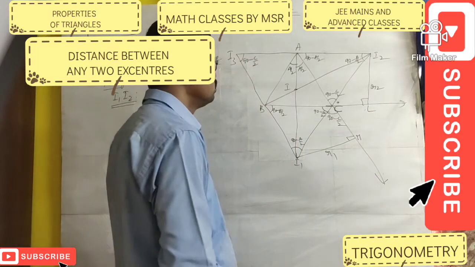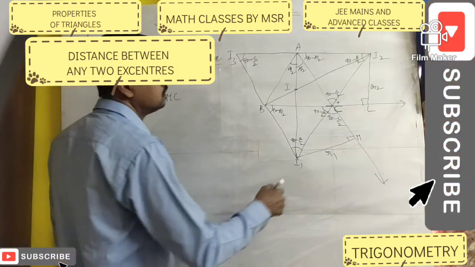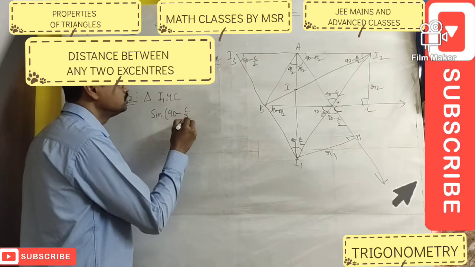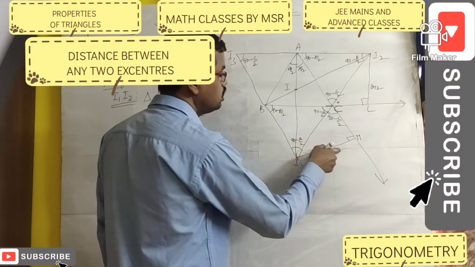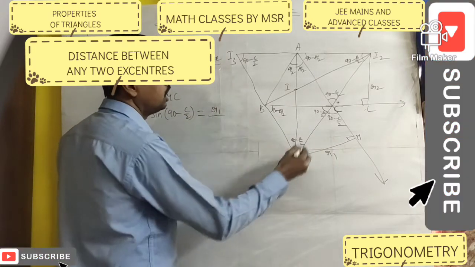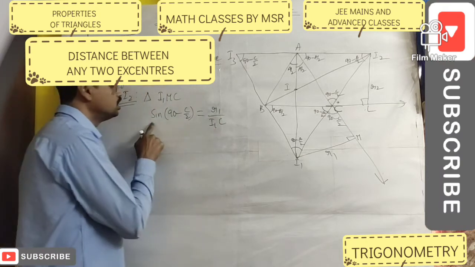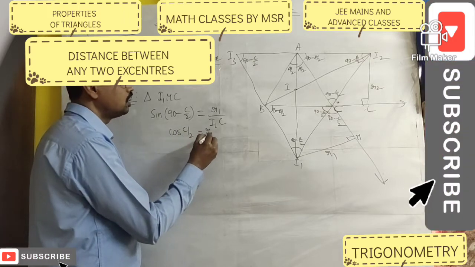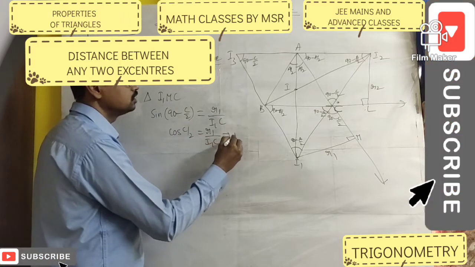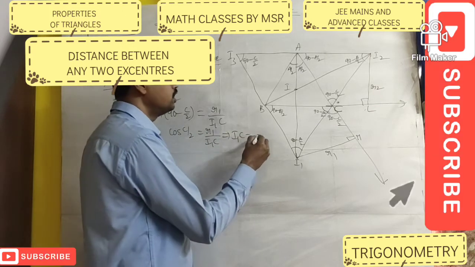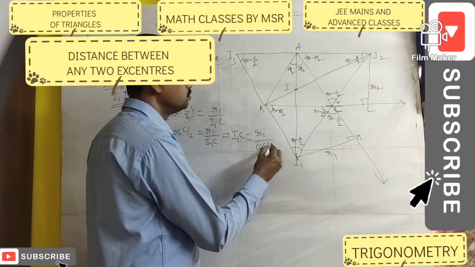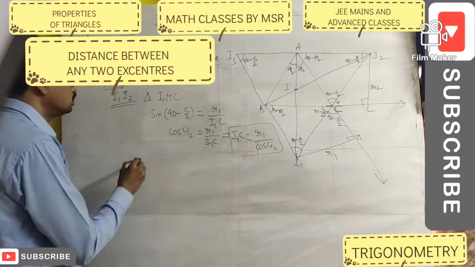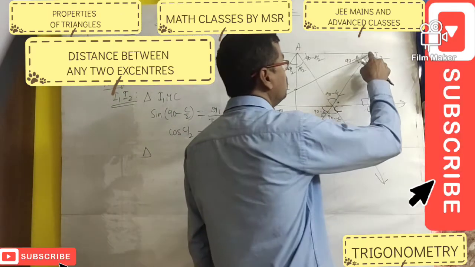Now sin of (90 minus C by 2) equals opposite side by hypotenuse, that is R1 by I1C. Sin of (90 minus C by 2) is nothing but cos C by 2. So cos C by 2 equals R1 by I1C, that is I1C equals R1 by cos C by 2. So we found the I1C value. Now we take the triangle I2LC.